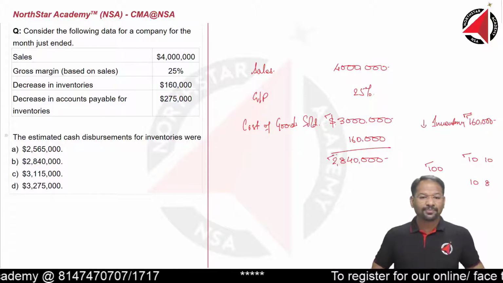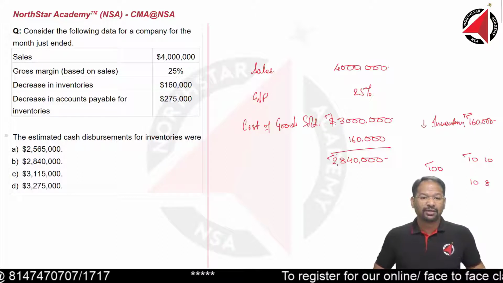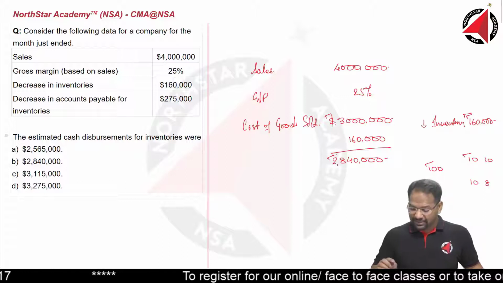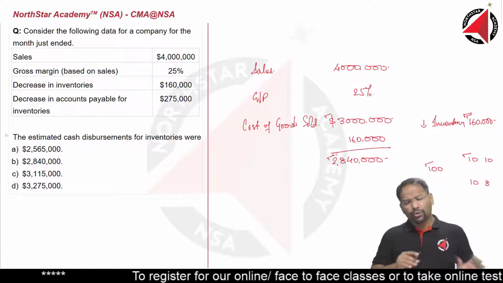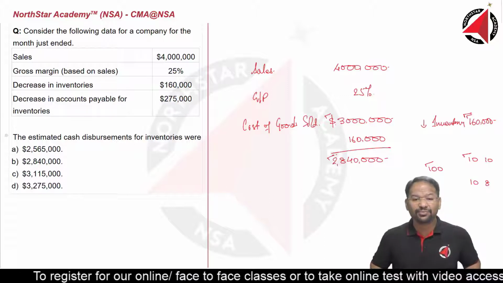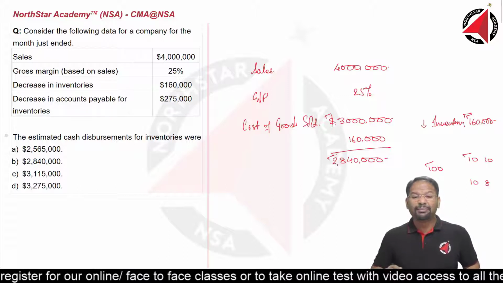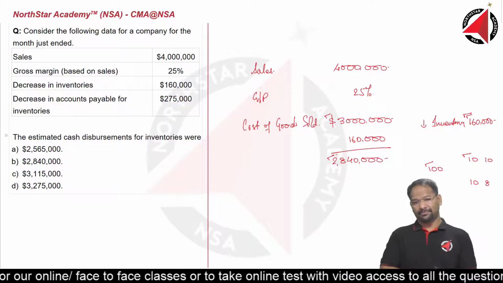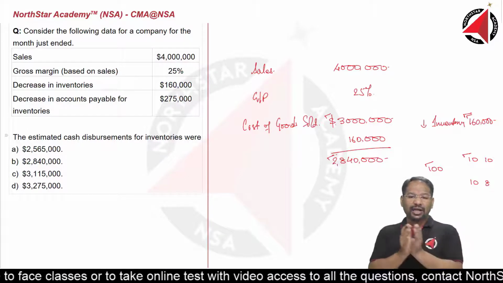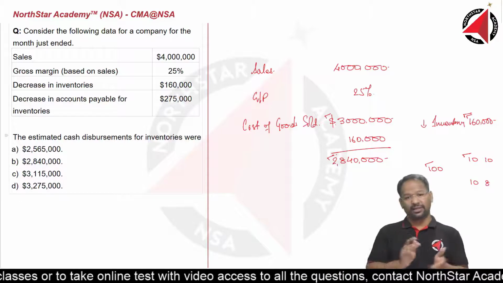Let's look further. The decrease in accounts payable for inventories is $275,000. It means my old accounts payable has decreased by 275,000, so we must have paid this money. Remember, if my accounts payable was 10,000 and now also it is 10,000, we have not paid anything.